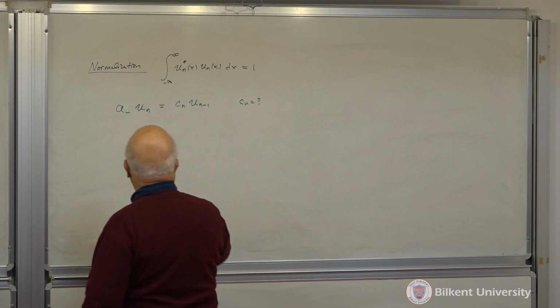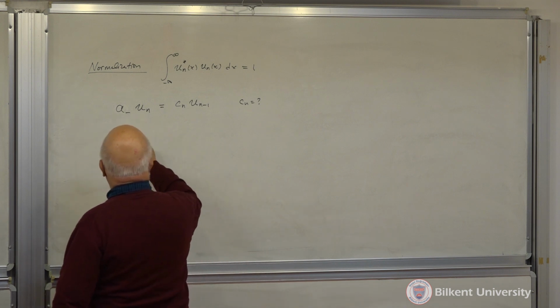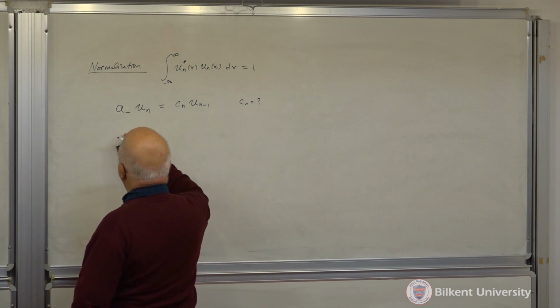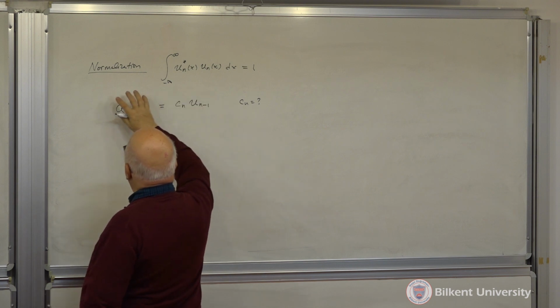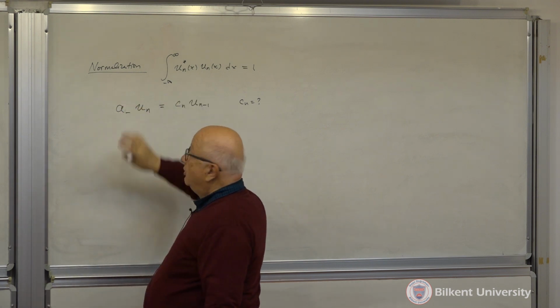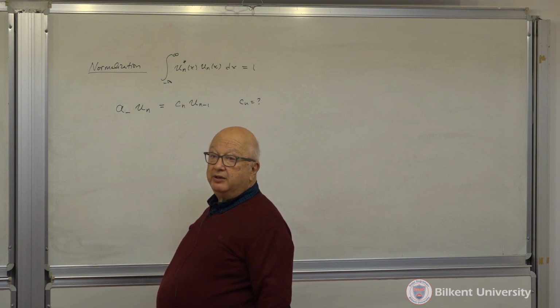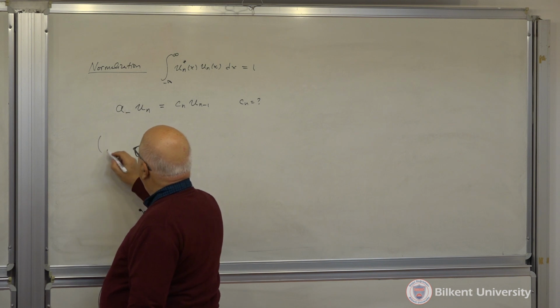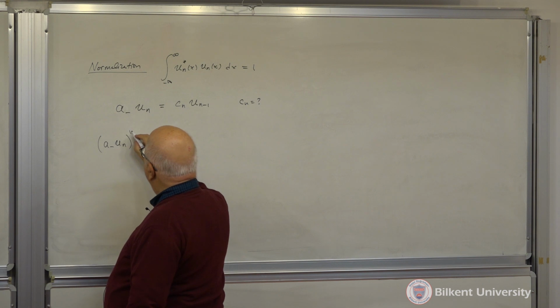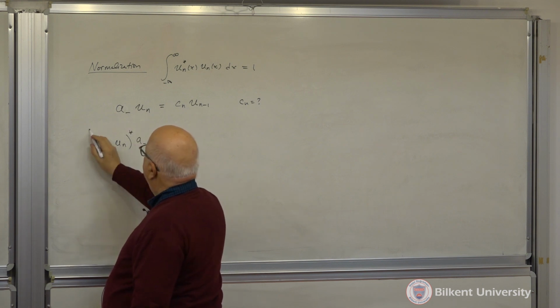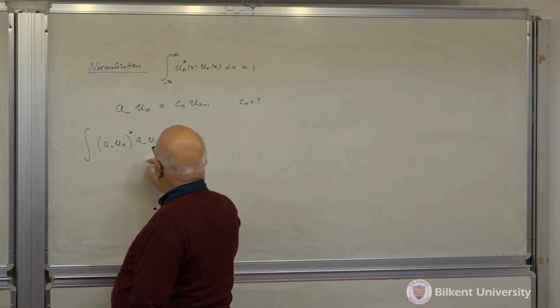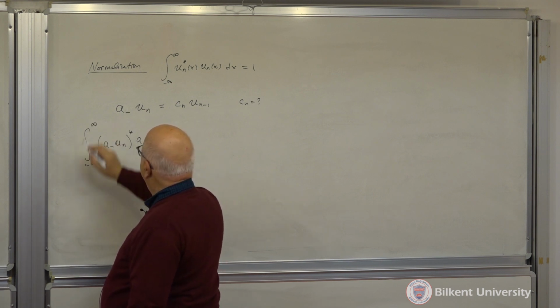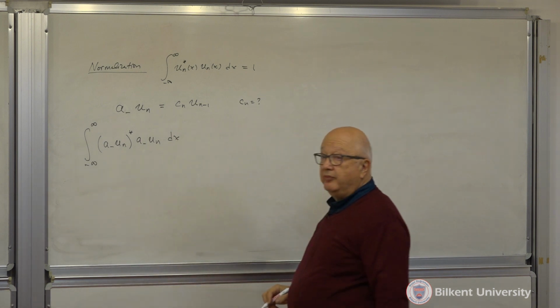So I have to figure out what that is so that my functions are all normalized. All right, so let's find the magnitude squared of both sides. I take the complex conjugate of both sides, multiply it with themselves, and integrate. So here I'm going to get a minus un, complex conjugate, a minus un, integrated from minus infinity to infinity. That's the left-hand side.